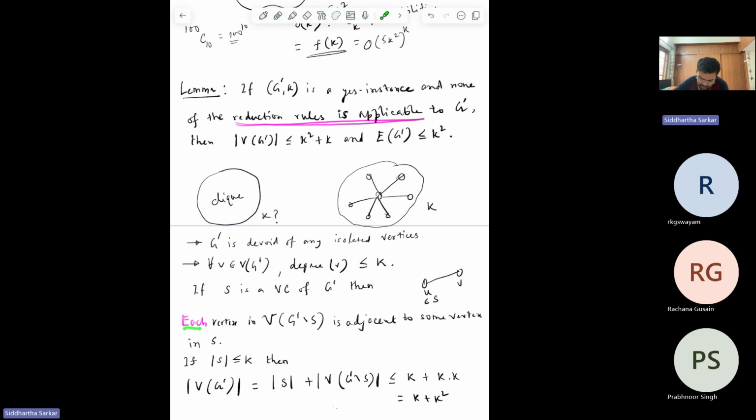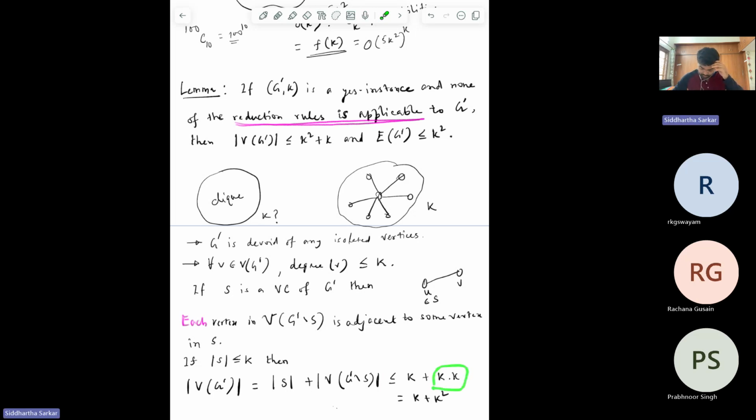Since there are no isolated vertices, every vertex which is not in the vertex cover is adjacent to some vertex in S. Every vertex in S can be adjacent to at most k vertices outside the vertex cover, and in S there are at most k vertices. So at most k square vertices could be outside the vertex cover.